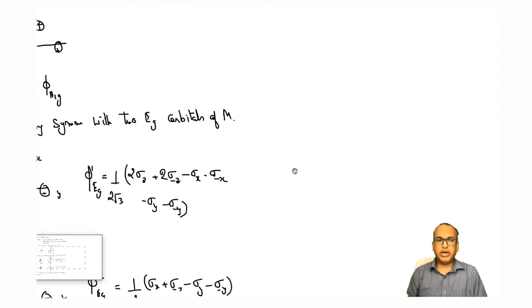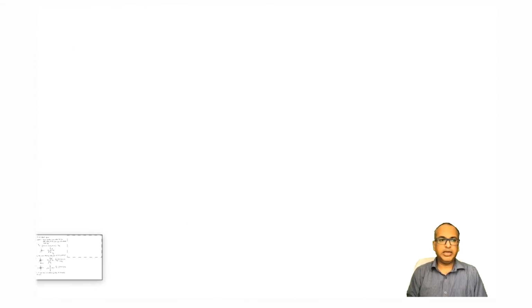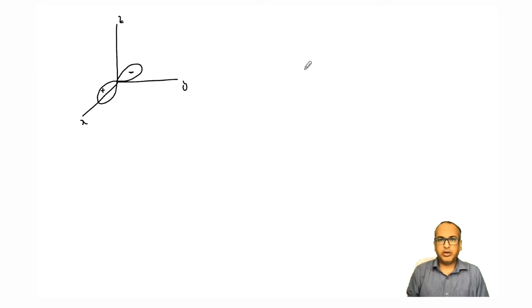So T1U had atomic orbitals px, py, pz. So if I'm trying to compare px, py, pz, px is like this, right? This is my x, y, z, positive, negative, right? So what kind of atomic orbital combinations would happen to make SALCs?